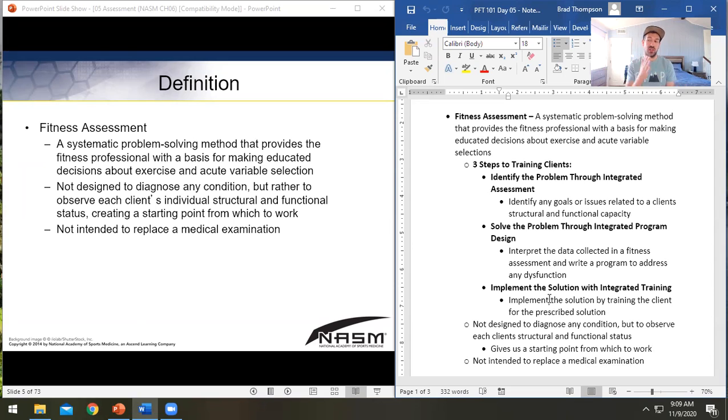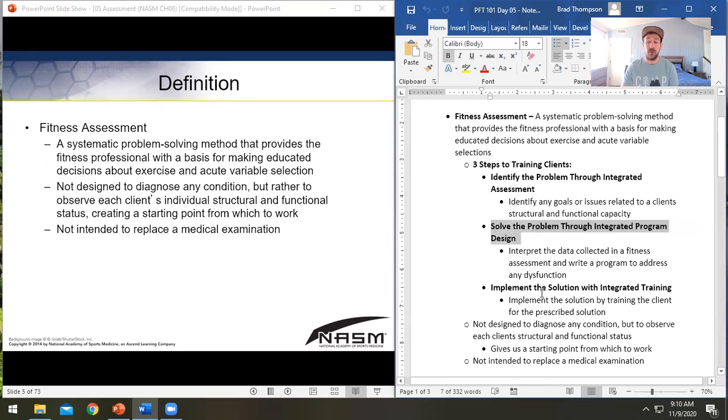Solved means to come up with a solution. So solving the problem in our realm as a trainer is we write a program to address any of the structural or functional problems that we saw in our fitness assessment. So I write a program, or you write a program for your client. That problem is now solved. The problem's not gone. That's where step 3 comes in, but you have come up with a solution for the problem.